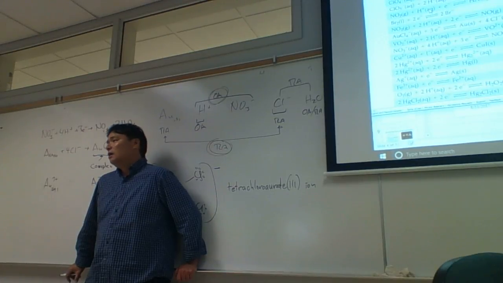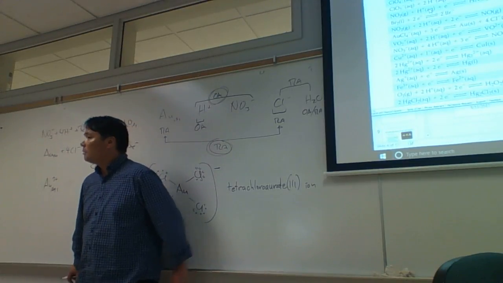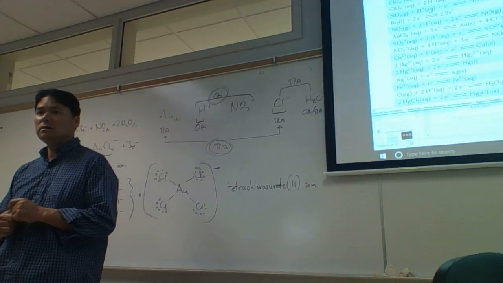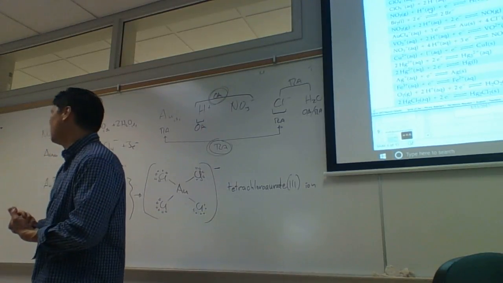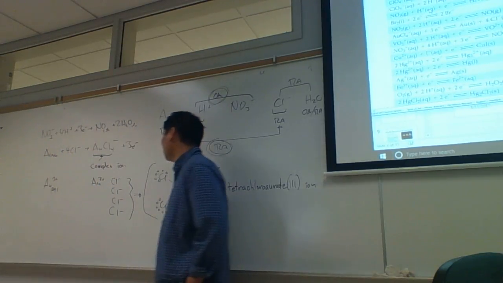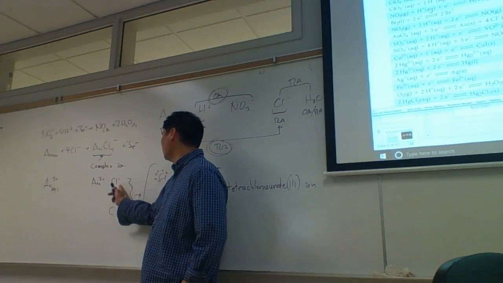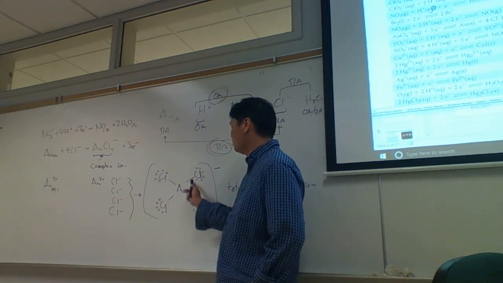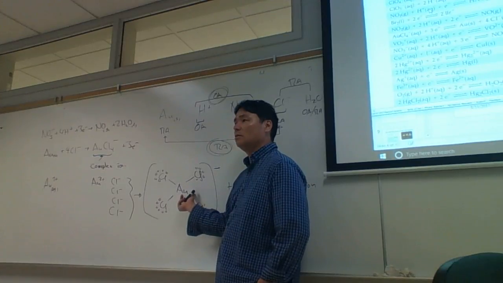This ion is stabilized in water by forming a hydration or a solvation sphere of water molecules, and it's going to be stabilized by ion dipole attractions, right? Those ion dipole attractions, are those actual bonds? No, those aren't actual bonds. Those are intermolecular forces. However, when we have these chlorides here, the way that the gold 3 stabilizes, these chlorides actually bond to the gold.